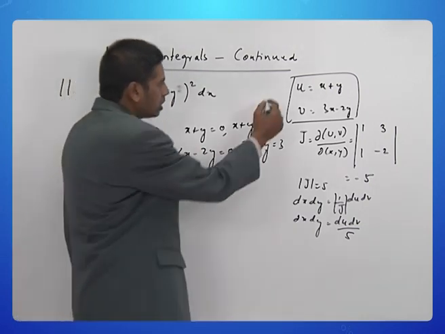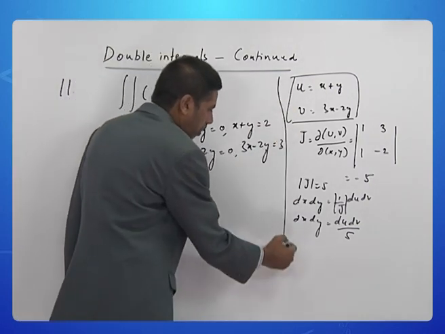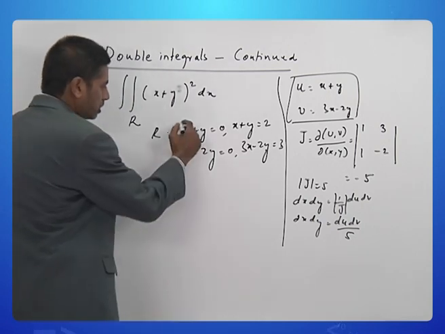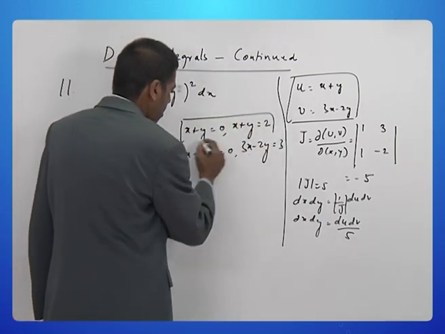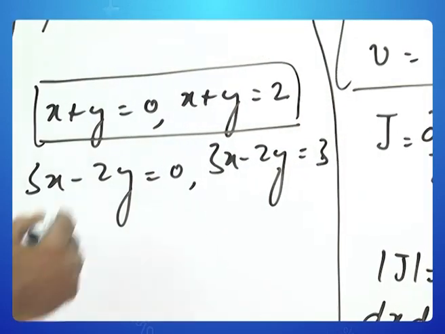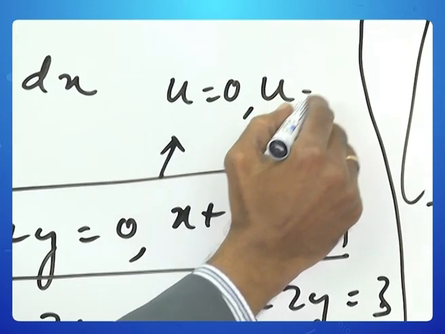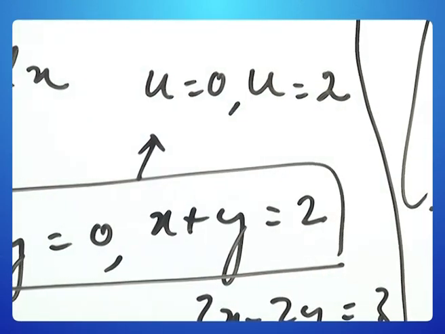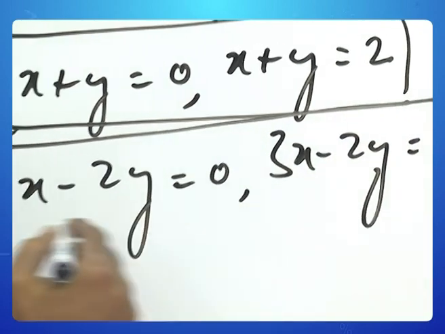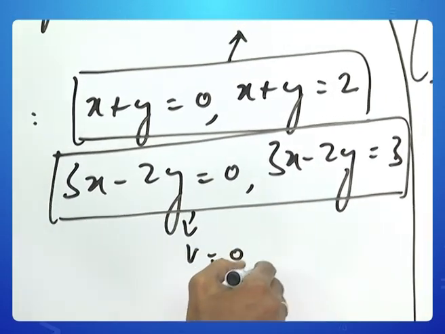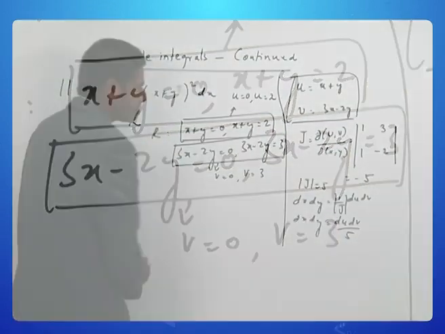Now, let us see the effect of this on the problem. You will find that these two equations will reduce to u equal to 0 and u equal to 2, and these two equations will reduce to v equal to 0 and v equal to 3.